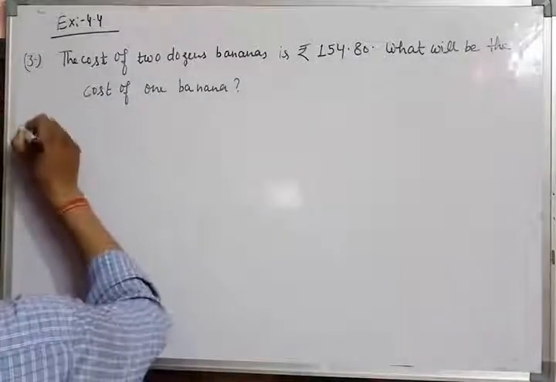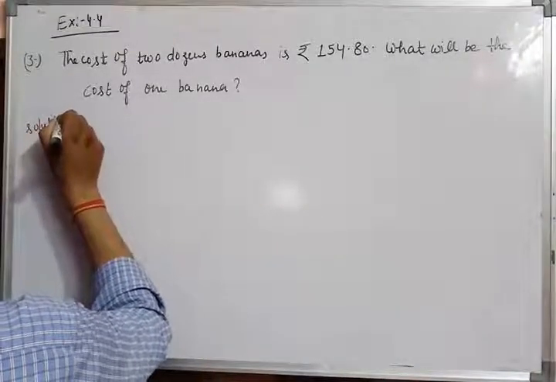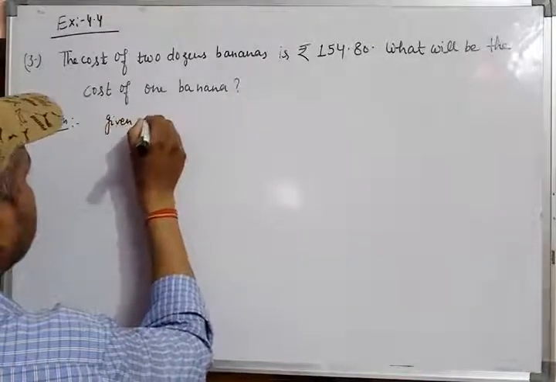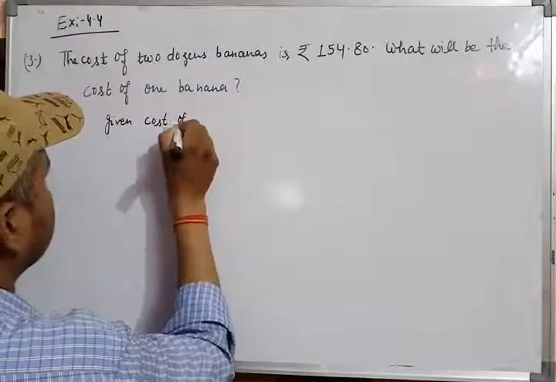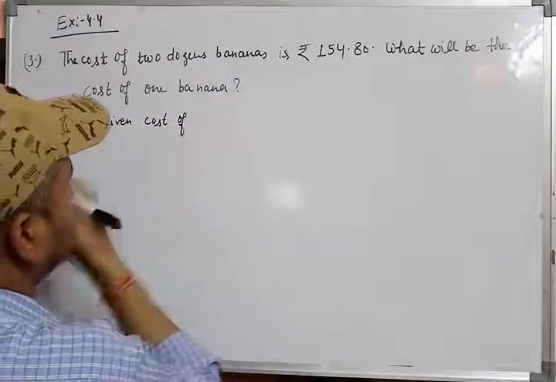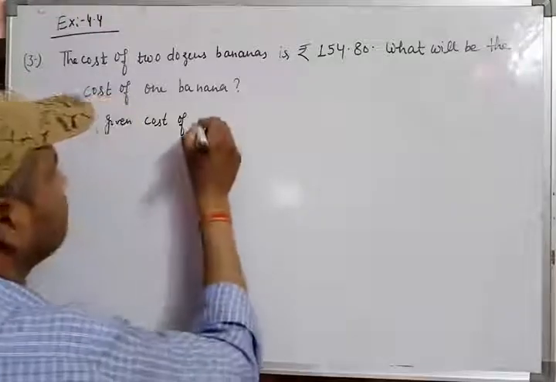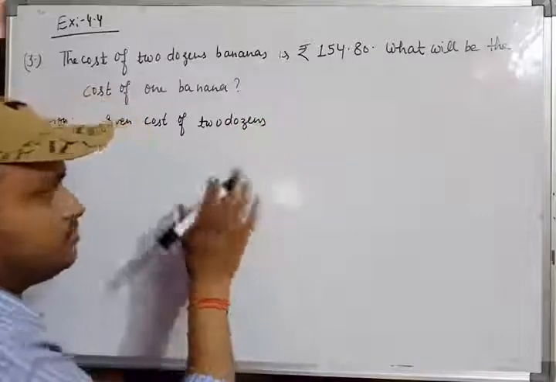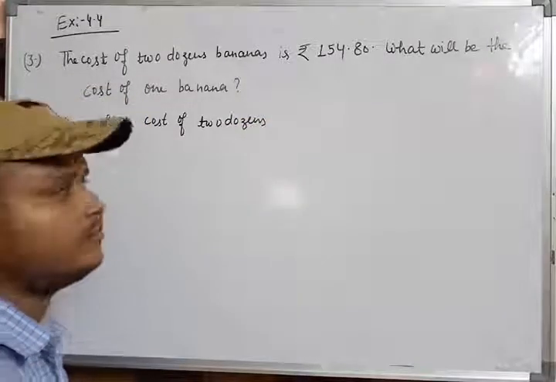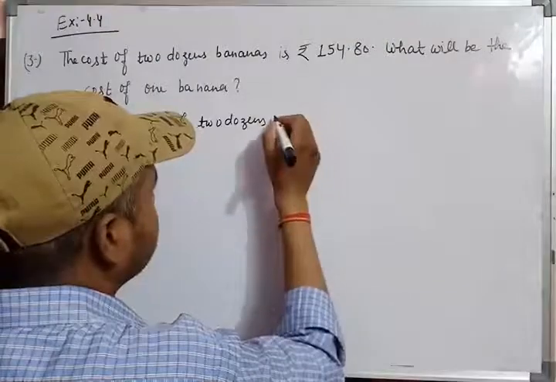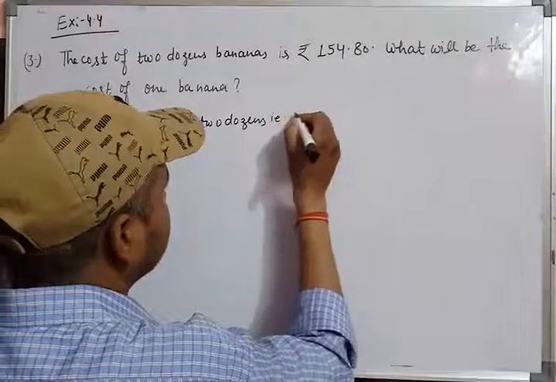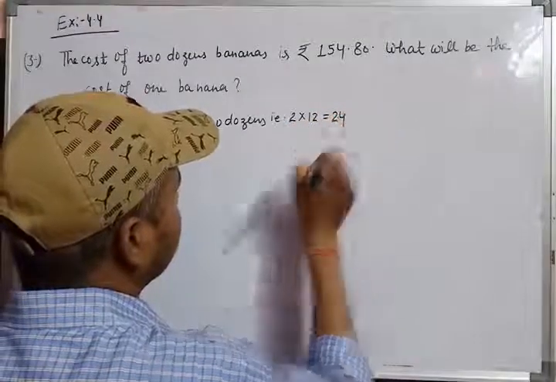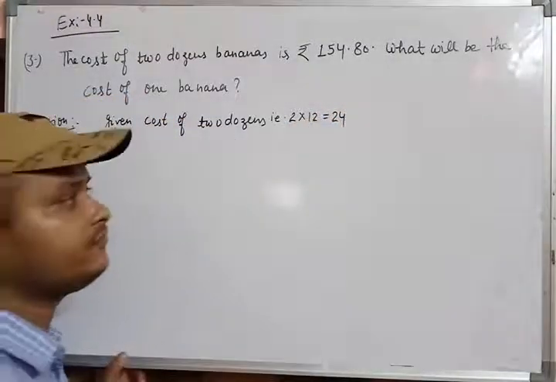Given cost of 2 dozen bananas, 2 dozens. So students, you all know the value of 1 dozen. 1 dozen means 12. So 2 dozen means 2 into 12, which means 24.